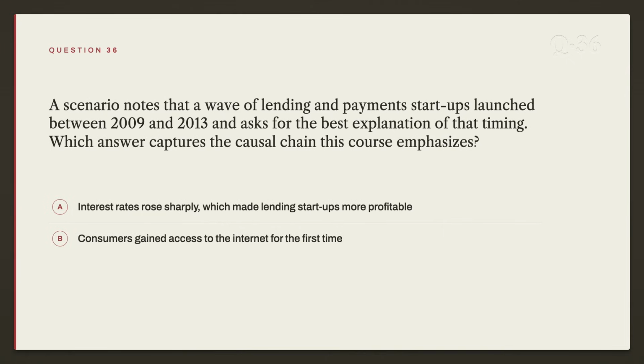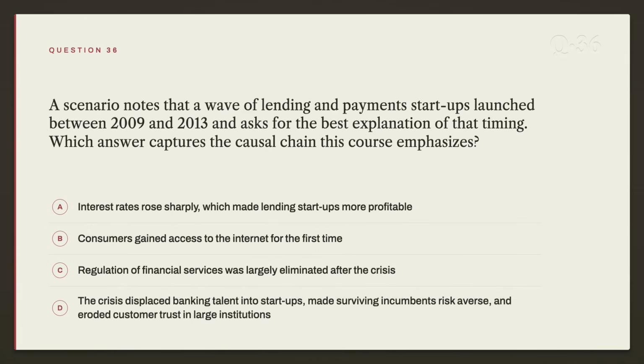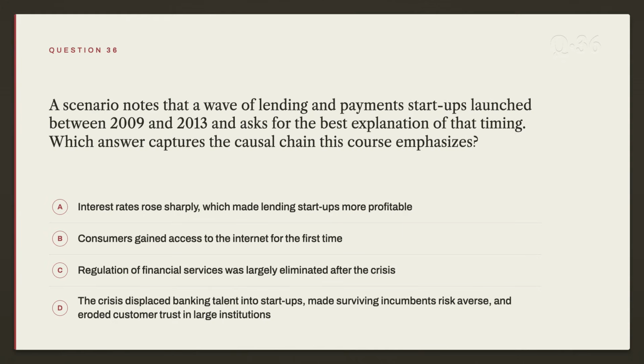B. Consumers gained access to the internet for the first time. C. Regulation of financial services was largely eliminated after the crisis. D. The crisis displaced banking talent into startups, made surviving incumbents risk-averse, and eroded customer trust in large institutions. What's your answer? Commit to one before I continue.